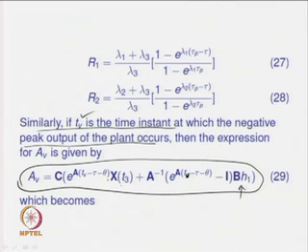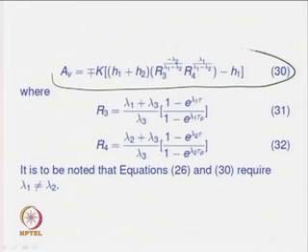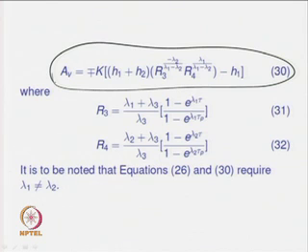The way we have solved and found the analytical expression for Ap, a similar procedure will be employed to find the analytical expression for Av. So, the analytical expression for Av can be obtained by taking the first order differentiation of Av and found as Av is equal to minus plus k times (H1 plus H2) times R3 to the power minus lambda 2 upon lambda 1 minus lambda 2 times R4 to the power lambda 1 upon lambda 1 minus lambda 2 minus H1.